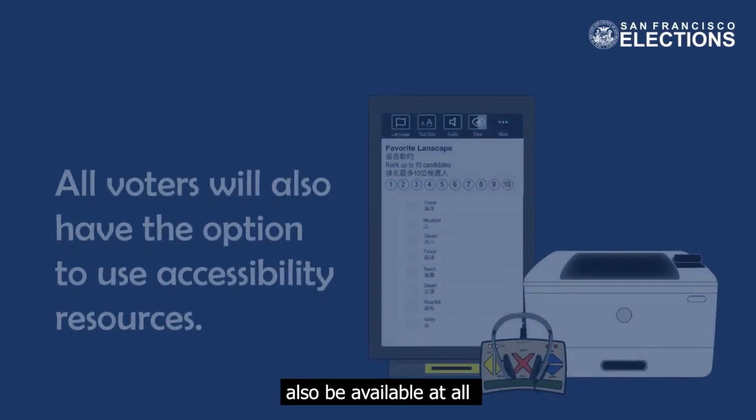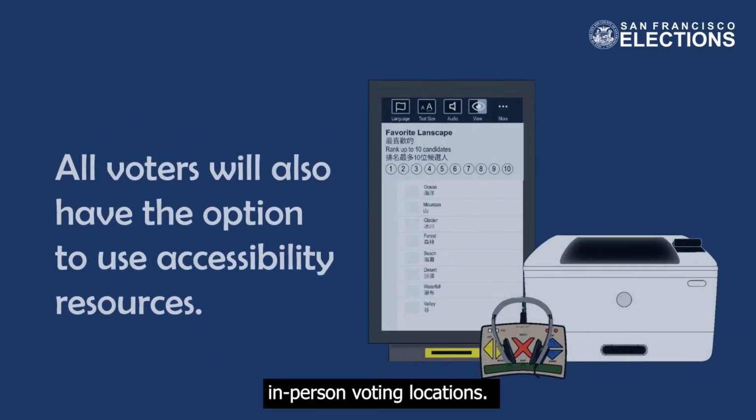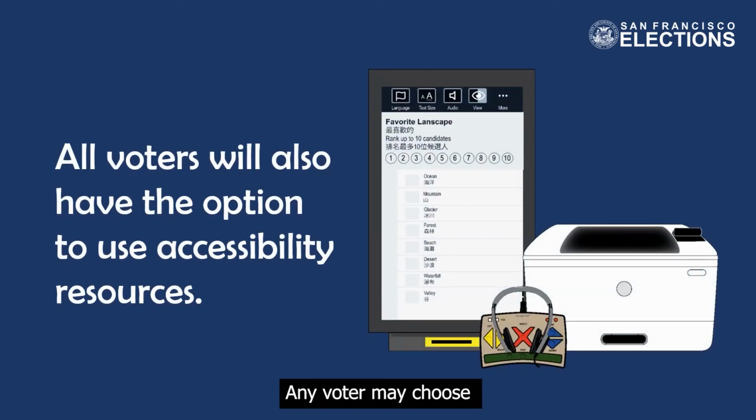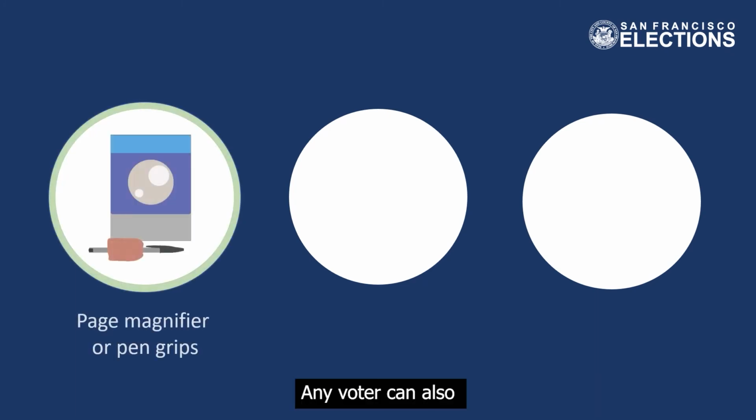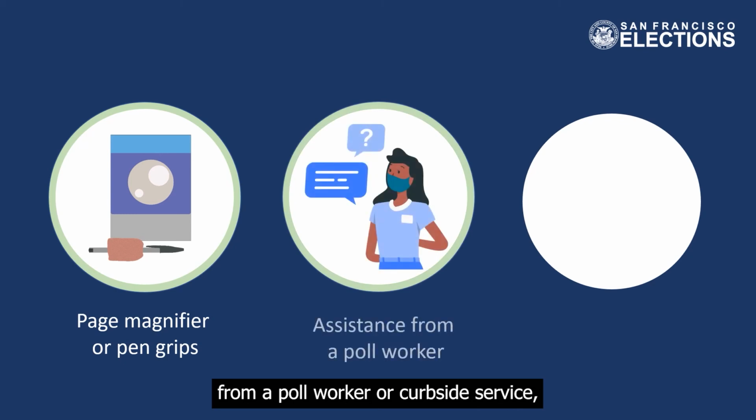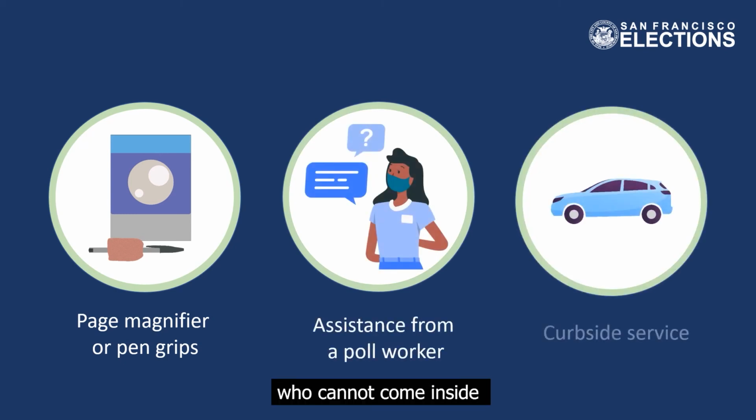Accessibility resources will also be available at all in-person voting locations. Any voter may choose to mark a touchscreen or audio format ballot using a ballot marking device, or use accessible voting tools, such as page magnifiers or pen grips. Any voter can also request personal assistance from a poll worker or curbside service, which allows voters who cannot come inside a voting facility to vote outside or in their cars.